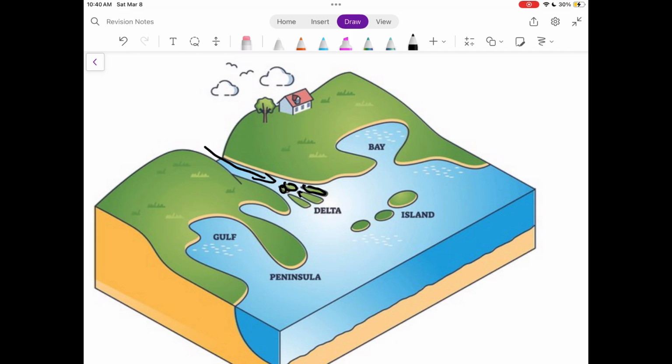However, the water still needs to flow, so it creates these little channels here, as you can see. These little channels are called distributaries. This allows the water to still flow into the sea or the lake or the body of water that it's going into. So that is how deltas form.